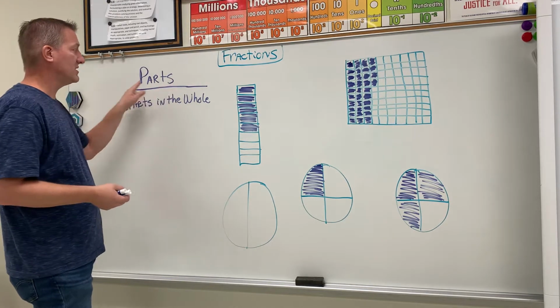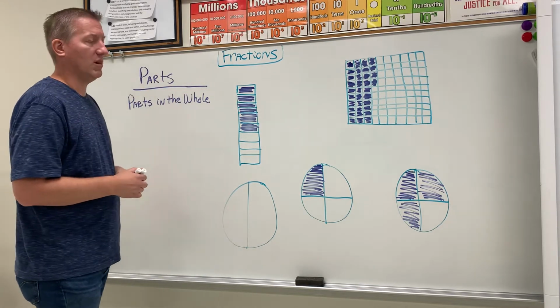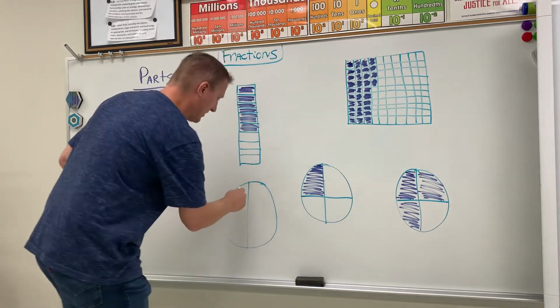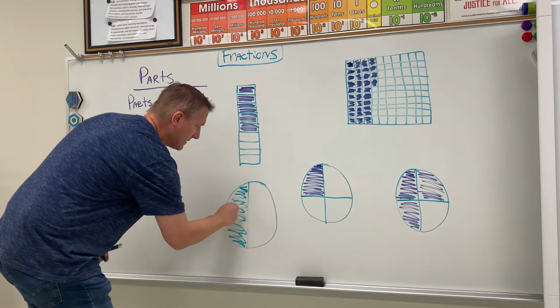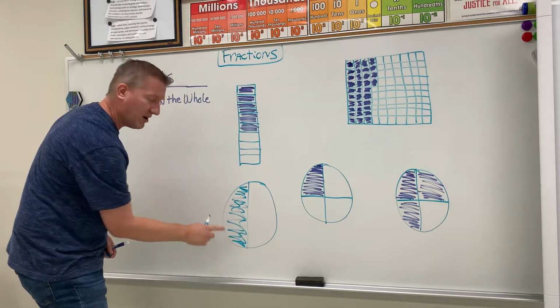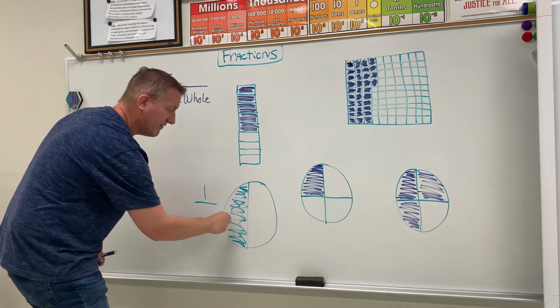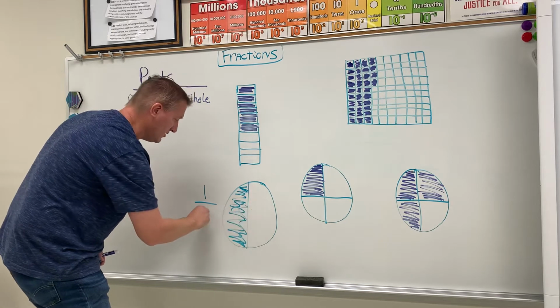They're parts over parts in the whole. So you might know a fraction might look like this. If this is shaded down here, then that is one part out of the parts in the whole thing, there's two.